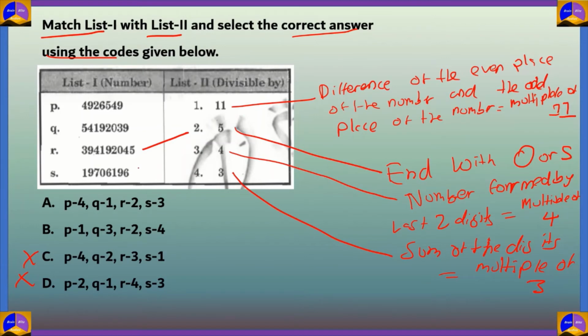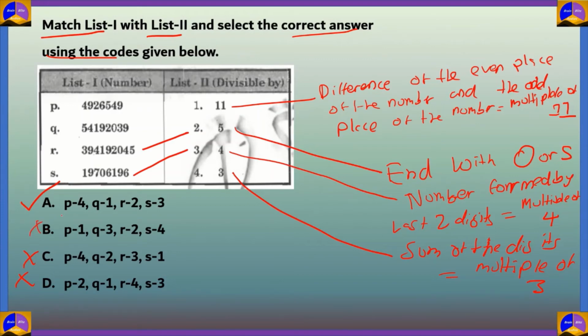The only even number in this is 19706196, that is S. So we can match S to 3. The options with S to 3 are A and D. We already ruled out D, so we get A as the correct answer.